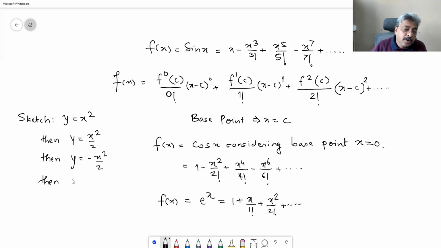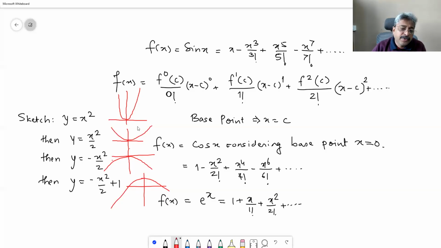Then y is equal to minus x square by 2 plus 1. Show me these four sketches, one progression after another. First y is equal to x square, then the second graph y is equal to x square by 2 approximately. Okay, the four graphs will look like this.